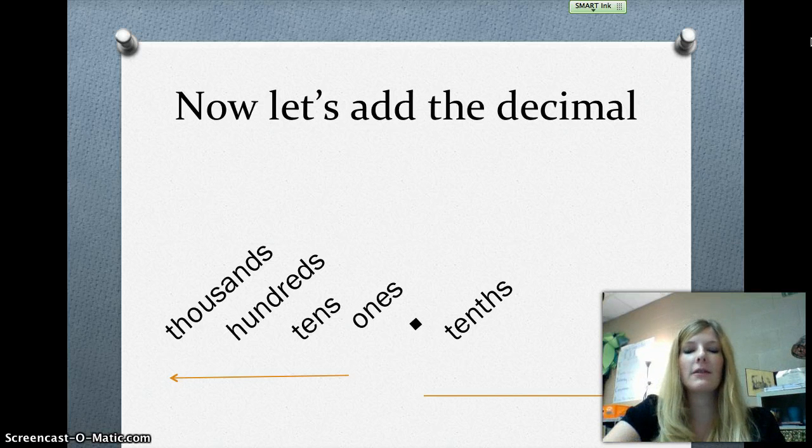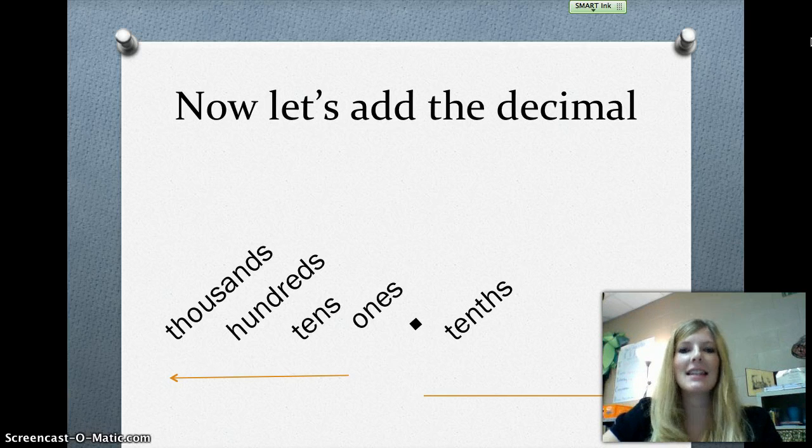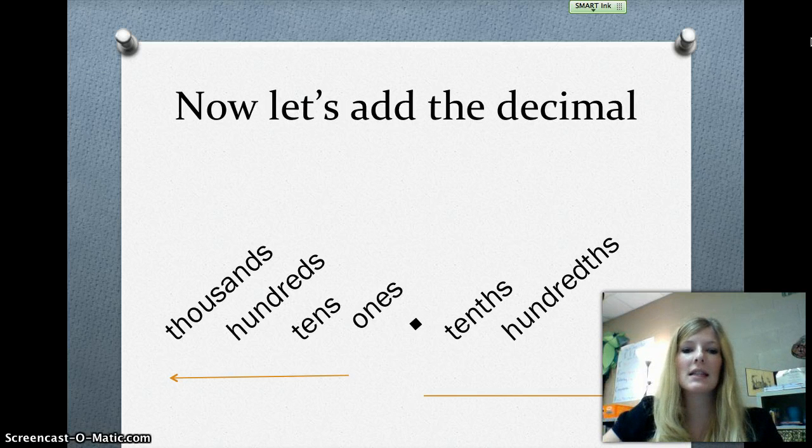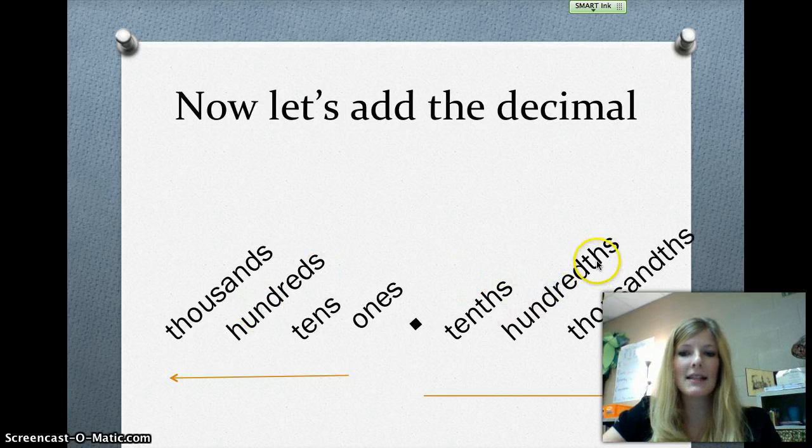Remember that the difference between the tens and the tenths is that th ending. Then comes hundredths. It's the same base word as hundreds. The only difference is it has that th. And then we move on to thousands, thousandths.